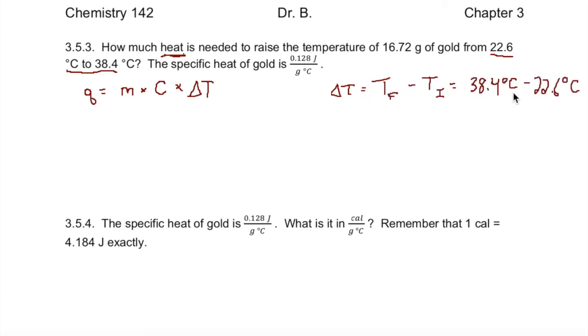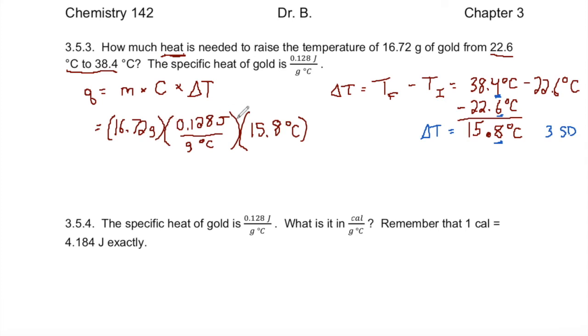So 38.4 degrees Celsius minus 22.6 degrees Celsius. I'll just go ahead and do this up and down so we can check our significant digits. With a subtraction, we need to look at place value, and it goes 1 place past the decimal. 15.8 is the temperature change with 3 significant digits.